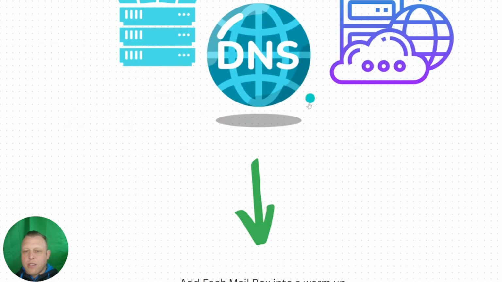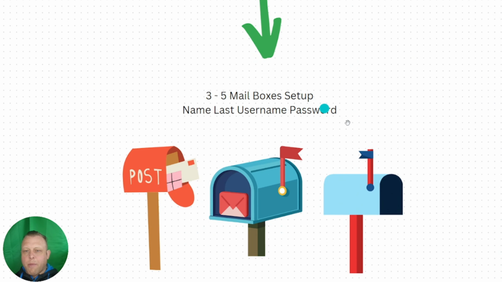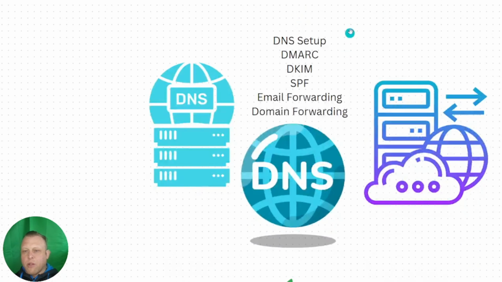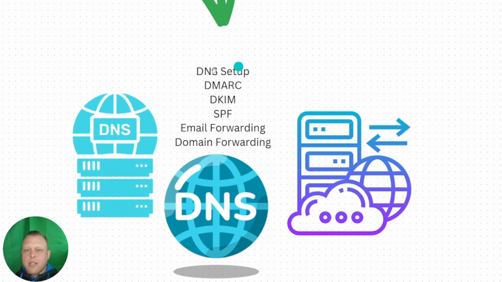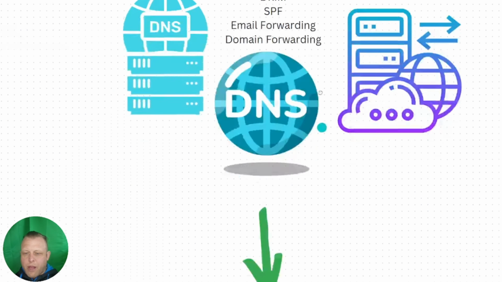And soon as you can see, this is going to become a tedious process of creating a DNS, adding the mailbox, registering the mailbox, username, password, repeat, username, password, repeat. Then we're going to do some DNS settings, create a DMARC, create a DKIM, do the mailbox, do the mail forwarding, do the domain, and then repeat that for every domain we have.